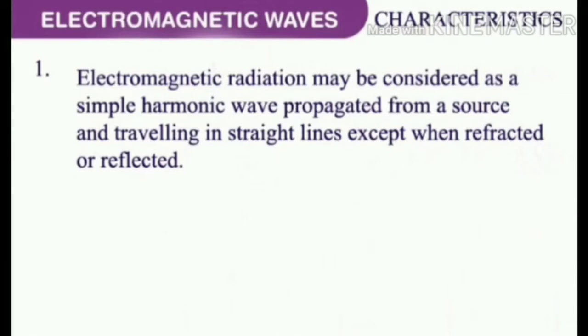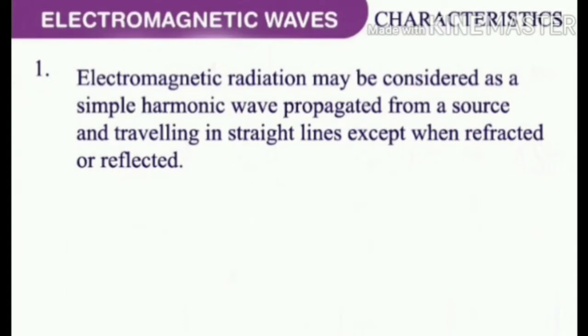First of all, electromagnetic radiation may be considered as a simple harmonic wave propagated from a source and traveling in straight lines except when refracted or reflected. So this is the first characteristic.